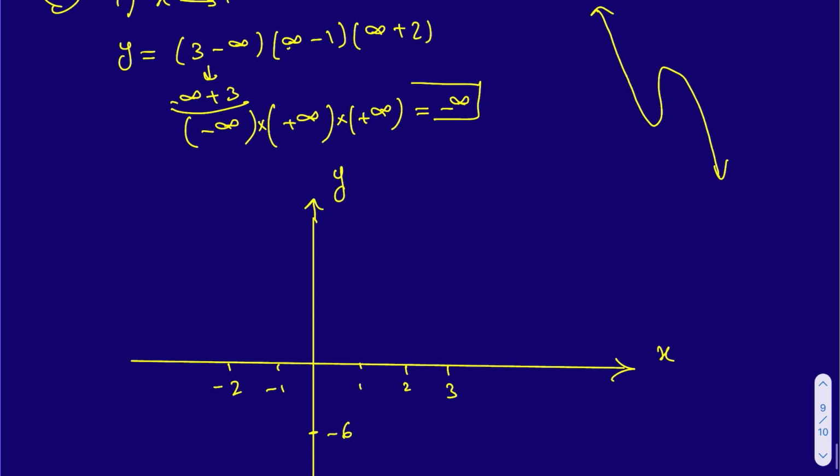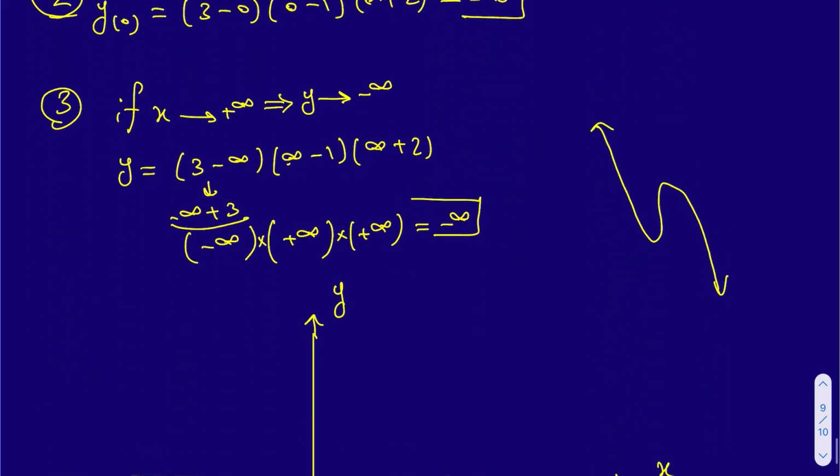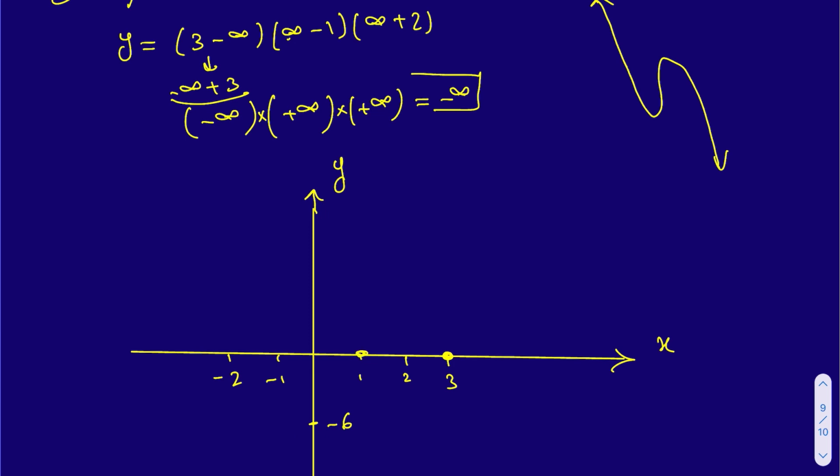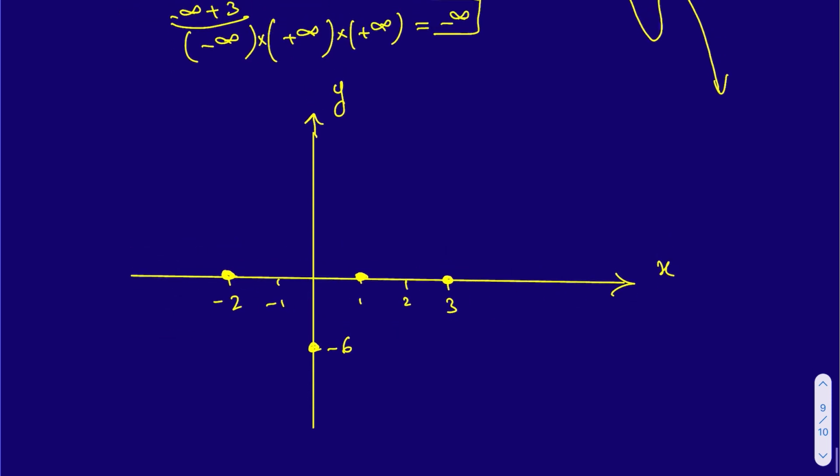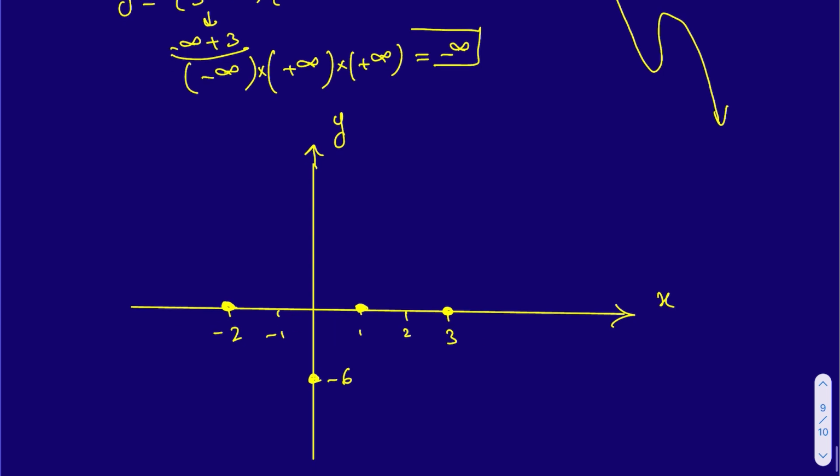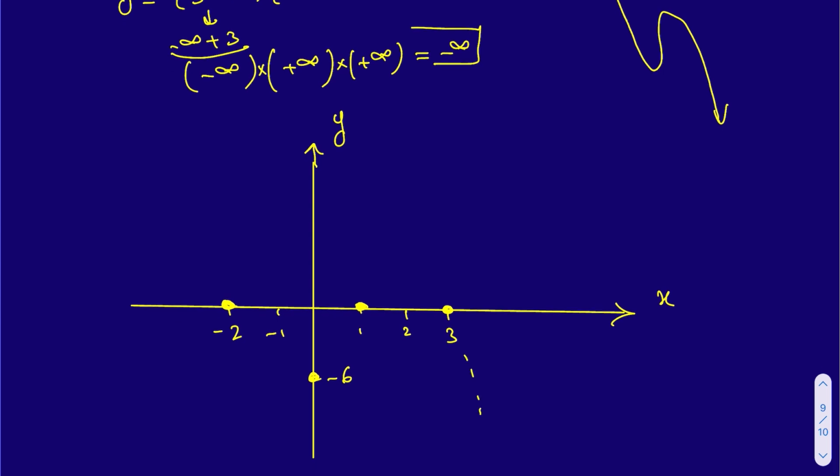So this curve, in fact, enters here. So this is 3, 1, and also -2. So these are the roots. Okay, so this curve enters from here, goes up, and then comes down, intercepts the y-axis, and gets out from here.